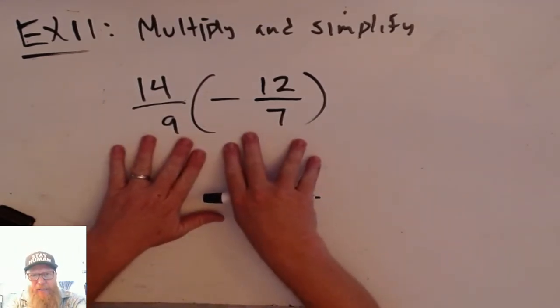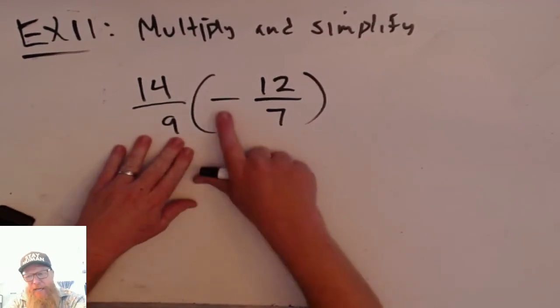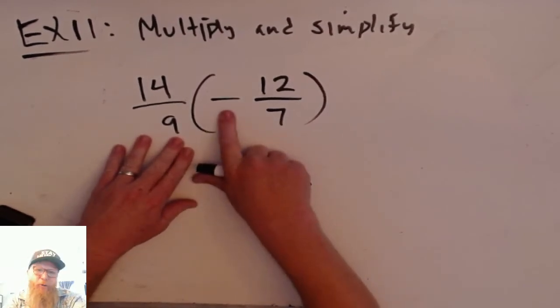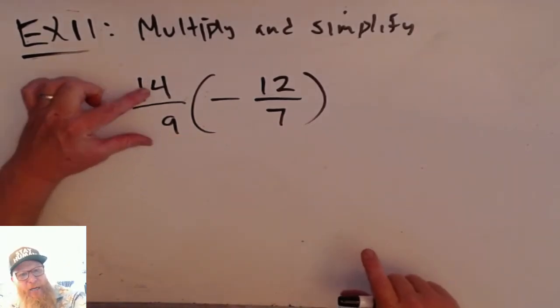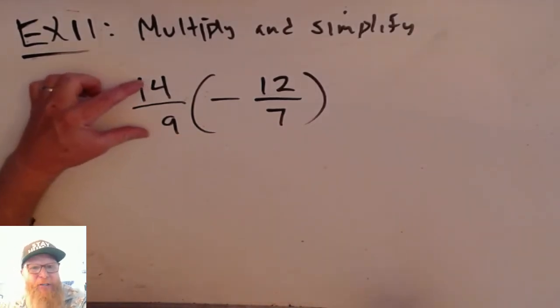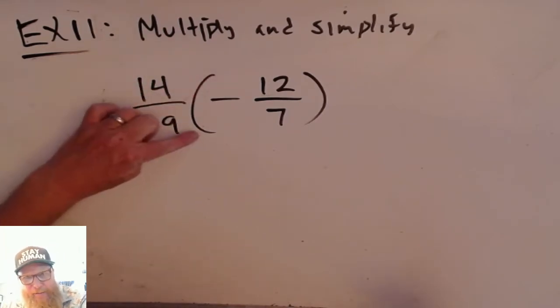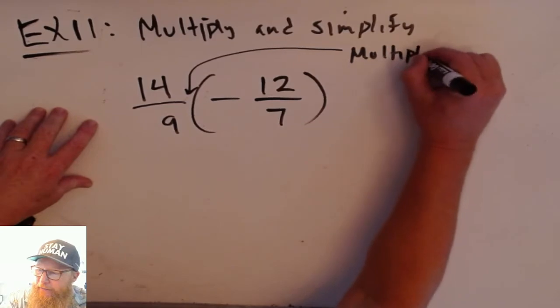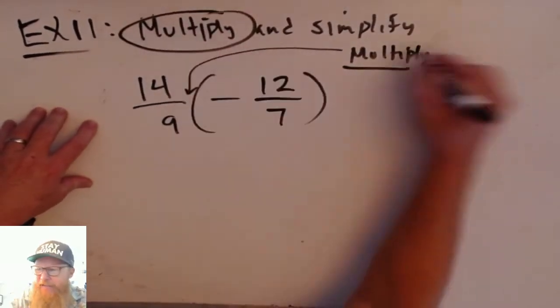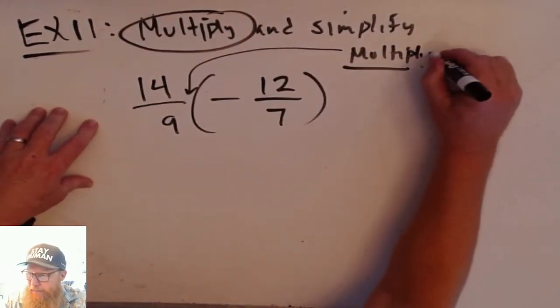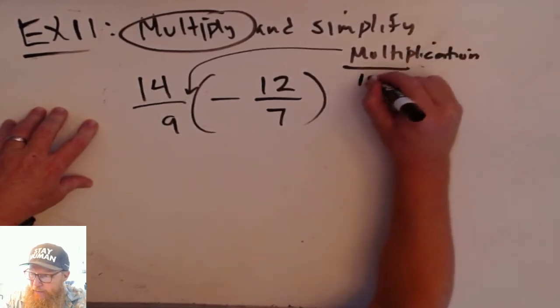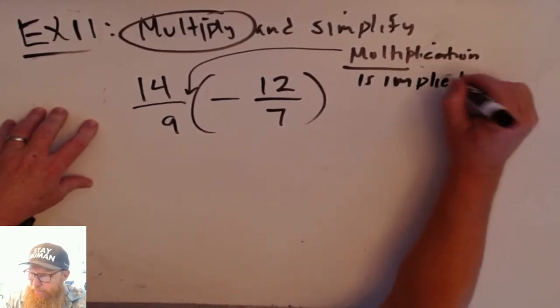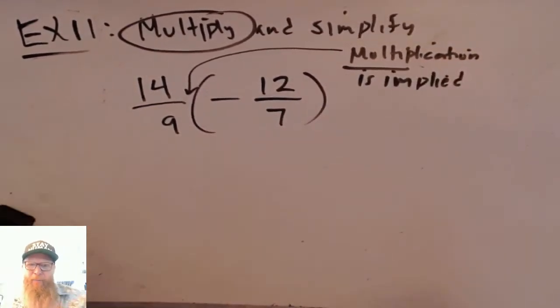This is dangerous because of the way it's written. You might think it means subtraction. Okay, but if you put a number, in particular a fraction, out in front of a parenthesis, multiplication is implied. Plus, the problem says multiply. But I'm not kidding you.